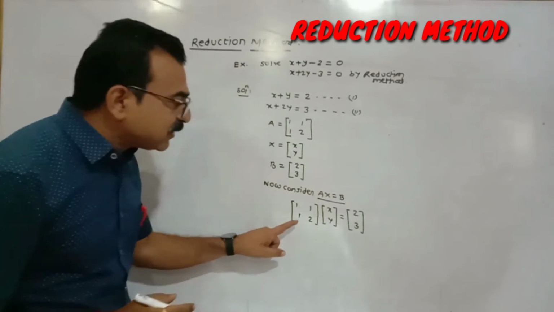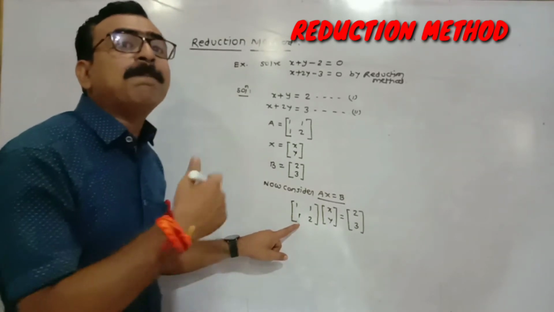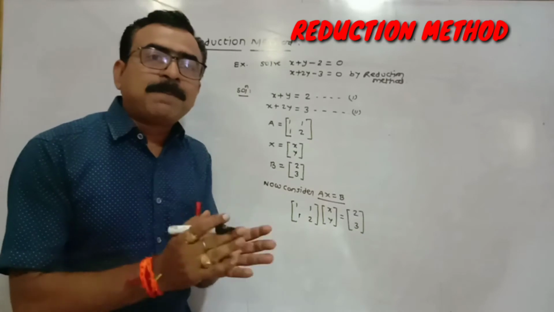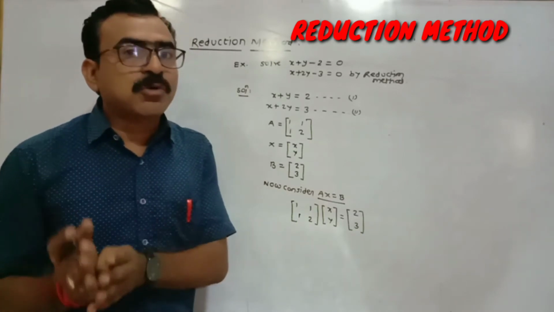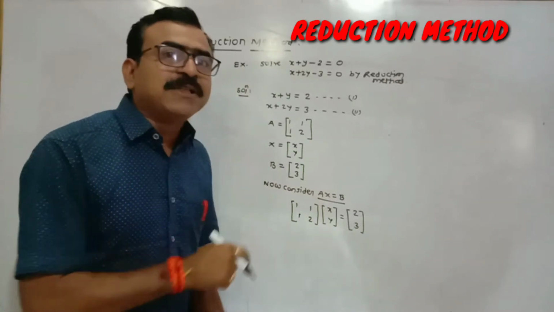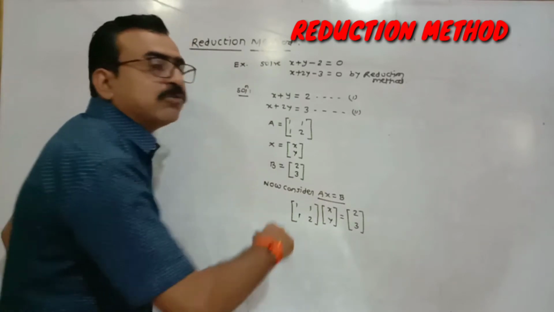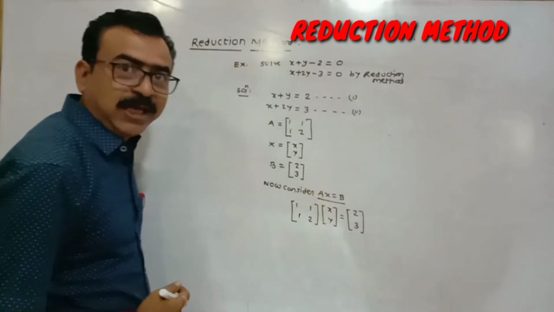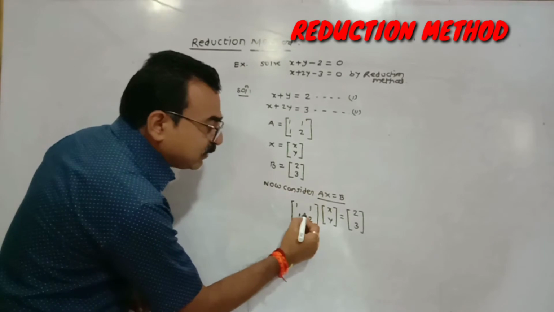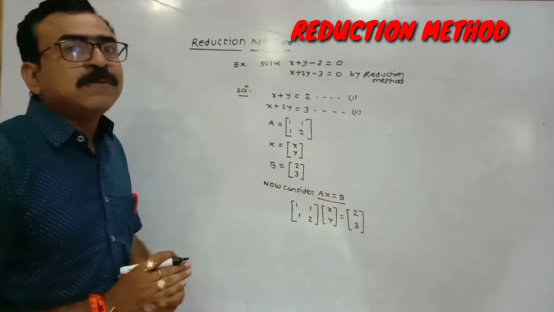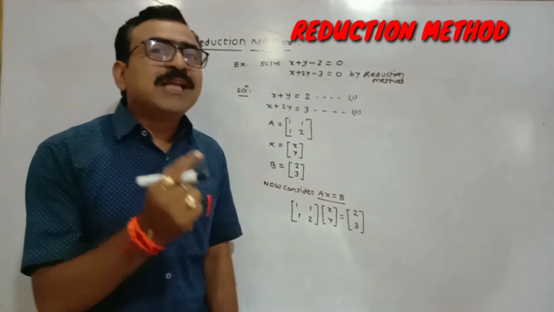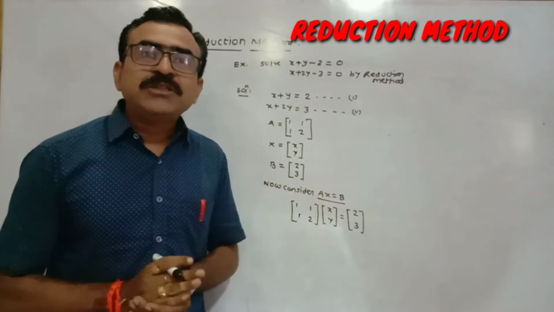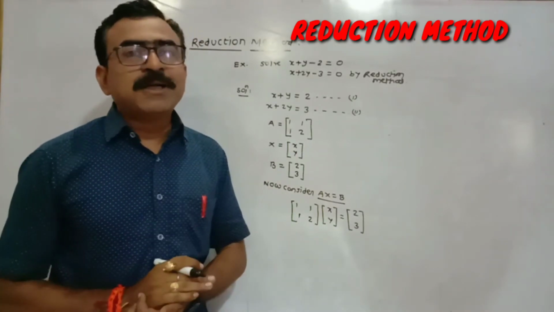Now you have to convert this matrix A into upper triangular matrix by performing suitable operation on row. But here you have to note one thing, that the same operation you have to apply on right hand side. Okay. So convert this matrix into upper triangular matrix. So friend, here you have to raise one question, and that question is, what is meant by upper triangular matrix?